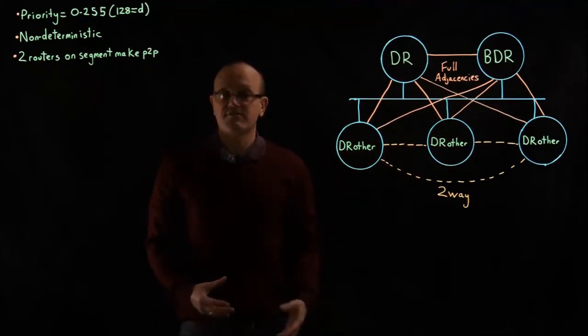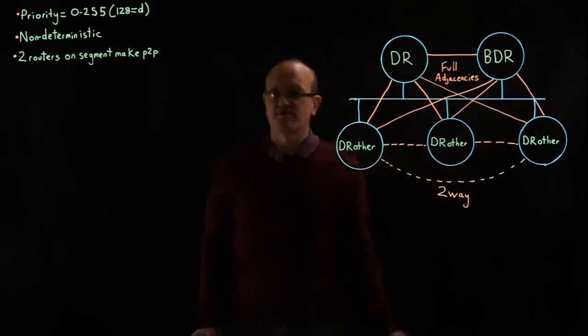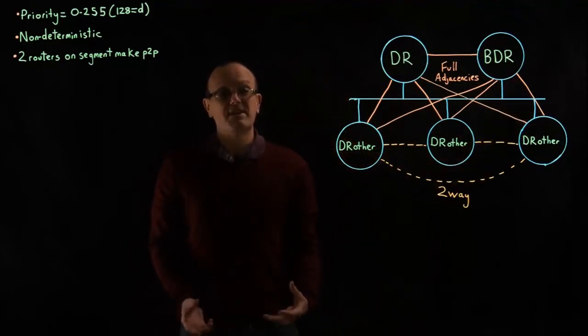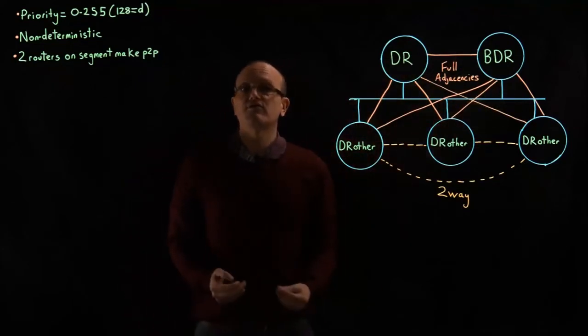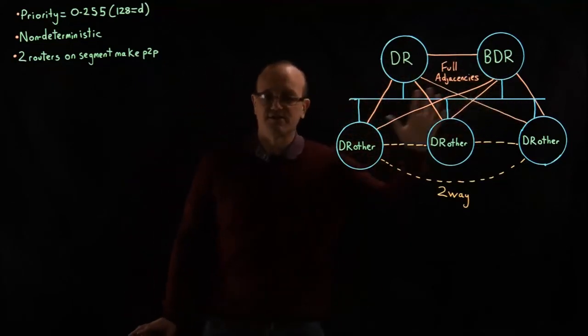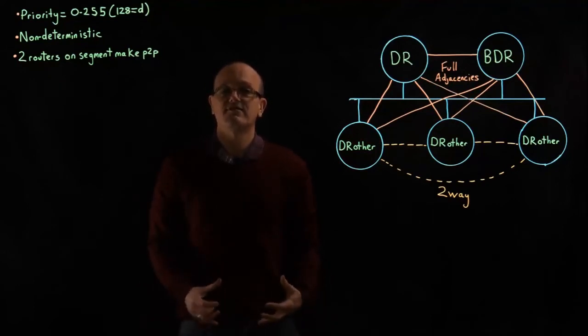Now, we could have neighbor adjacencies between all of these routers. However, because all of the layer 3 routing is identical, we've just got different layer 2 properties here. We're getting into a situation where we have inefficiency.